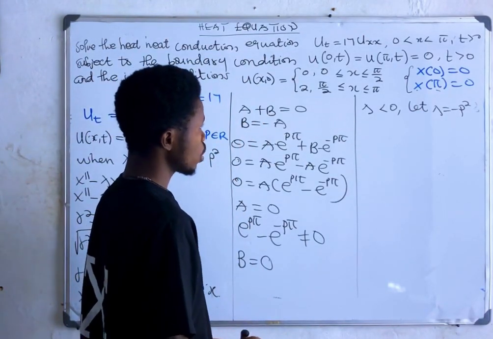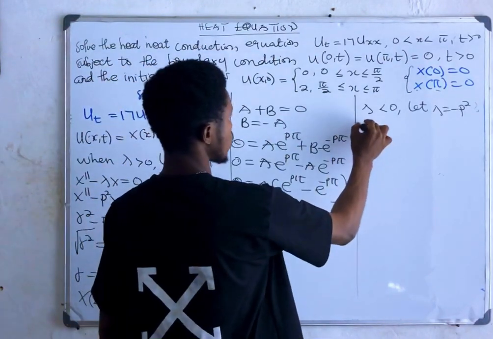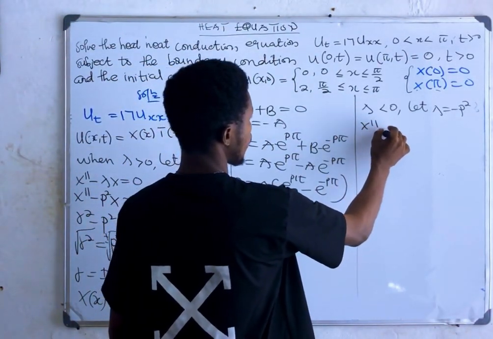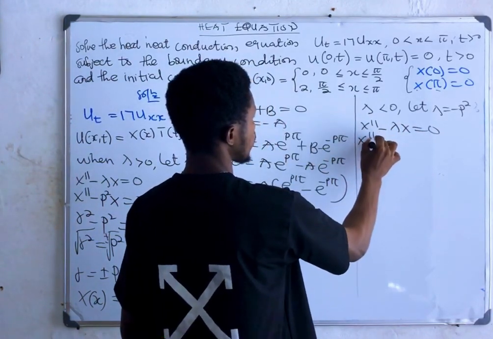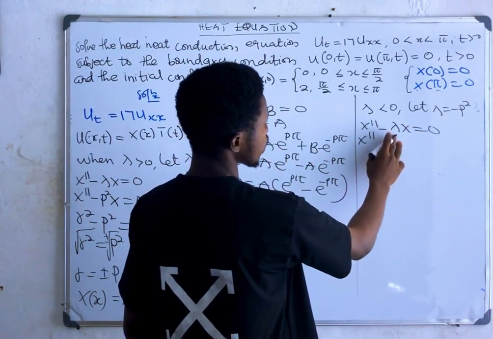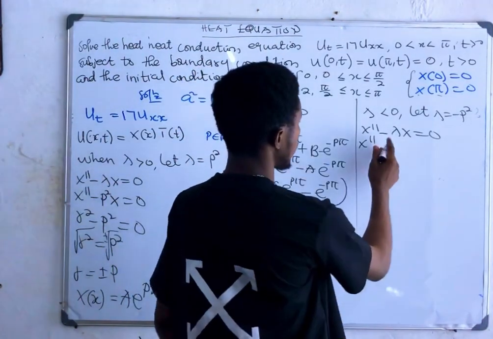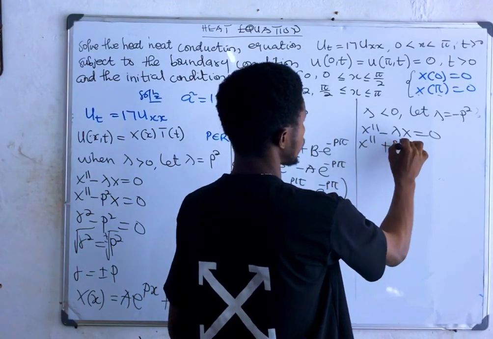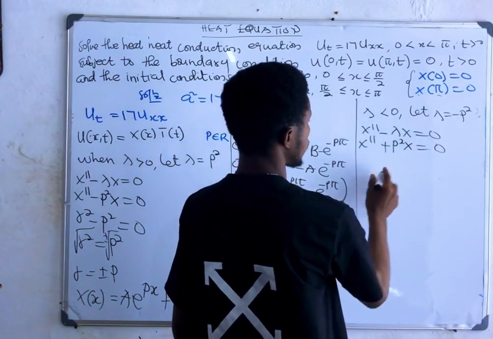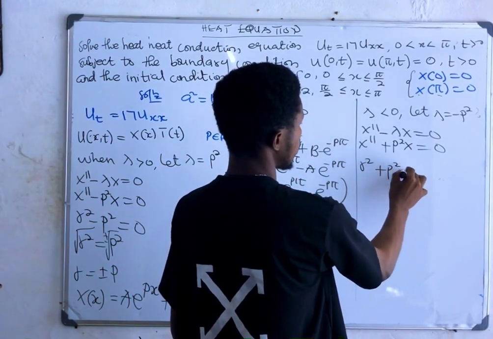So here too, we are going to do the substitution. We know that this thing is x prime prime minus lambda x equals 0. So x prime prime minus lambda, which is okay. So we have, if I put this one, I'm going to have positive p squared x equals 0. So here will be r squared plus p squared equals 0.